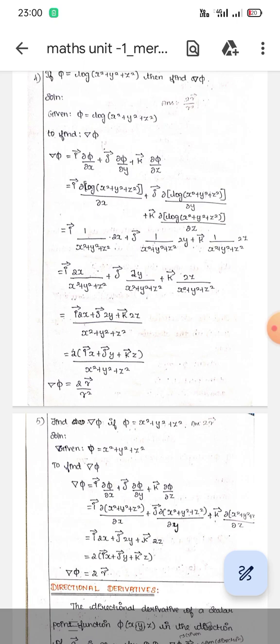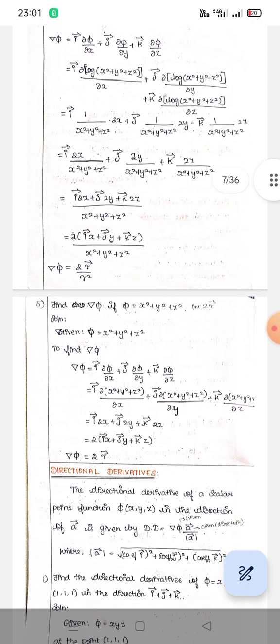So therefore del pi is equal to 2 into r vector over the denominator value. We already know that r square is equal to x square plus y square plus z square. Okay, any doubt? Are you clear on this formula? Shall we move on to the fifth problem?